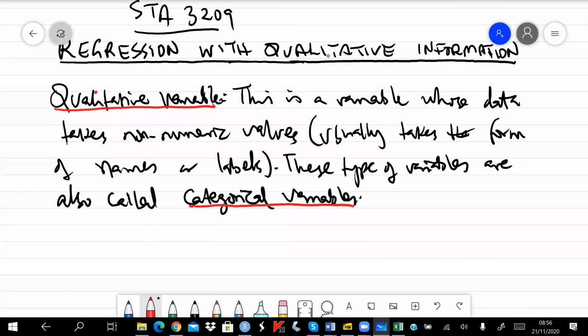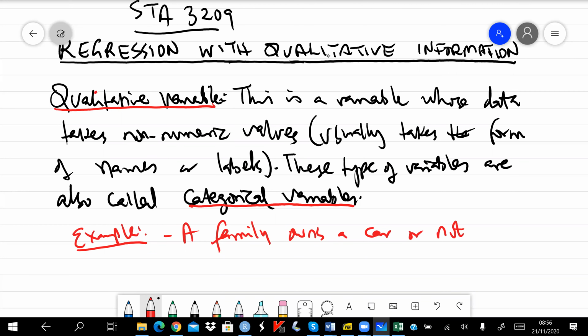For example, an example of what you're calling qualitative variables is, for instance, this might be your research question: a family owns a car or not. So you may be interested in finding out whether a given or a particular family, let's say a random family, owns a car or does not own a car.